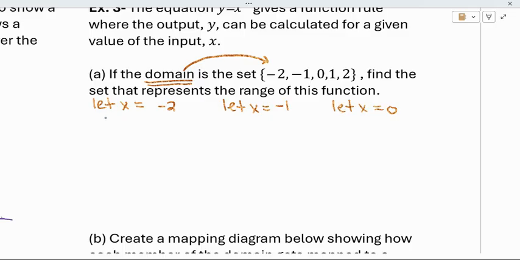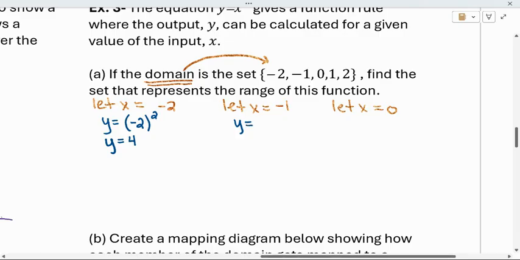If x is -2, my function y equals x squared, so -2, the quantity squared. What is -2 times -2? Positive 4. So when x is -2, my output is 4. What about when I let x equal -1?